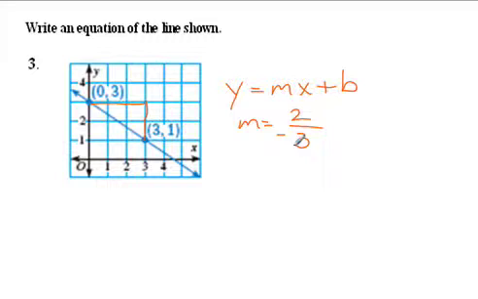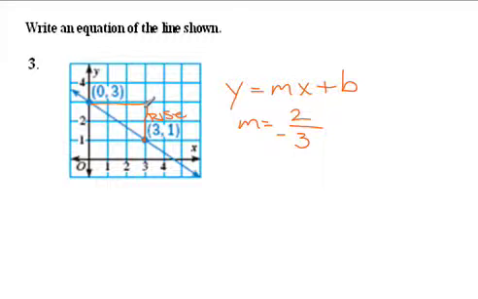How'd you get a 2 on top? Because from this point up to this point, I count up. So I'm even level with that point. So this is my rise. How much I rise up to be level with the next point. So from here I went up 1, 2. There's my rise. Then to run over to the next point, I had to go left 3, so that would be negative.